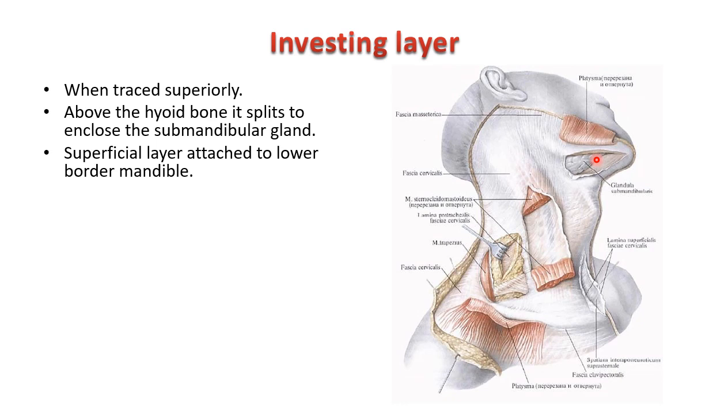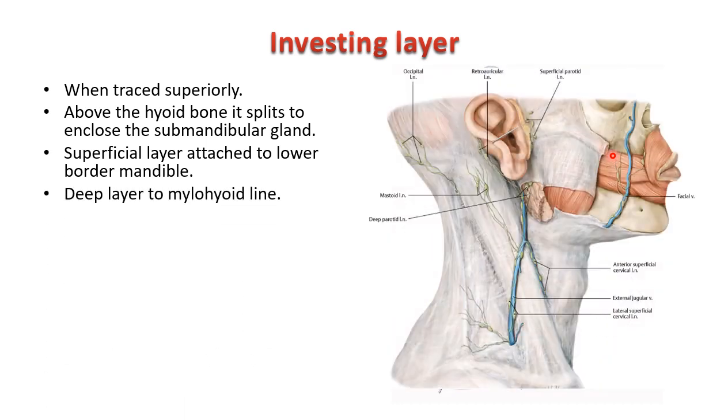Here I would also like to mention that between these layers you have a space called the submandibular space. We will discuss that in the later part of this lecture with respect to the fascial spaces. So above, in the region of the submandibular gland, it splits to enclose the gland, and the superficial layer attaches to the lower border of the body of the mandible.